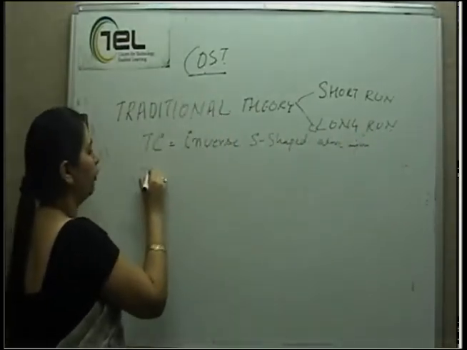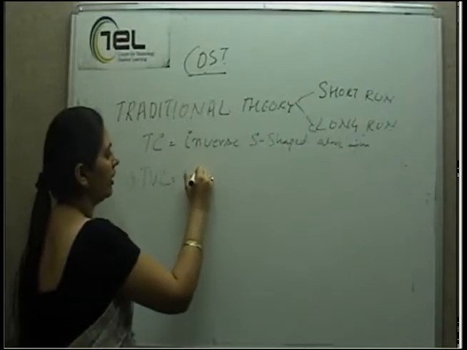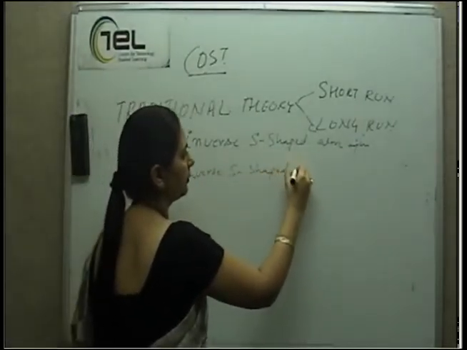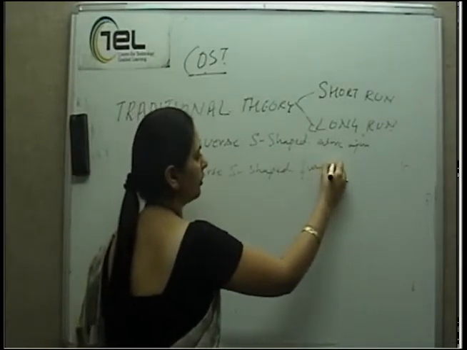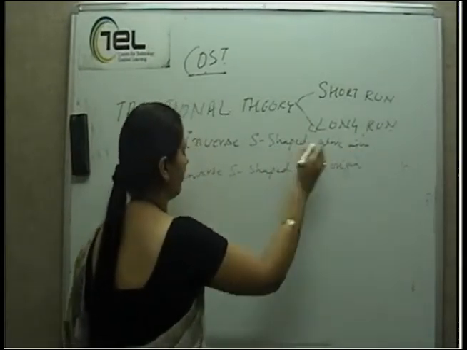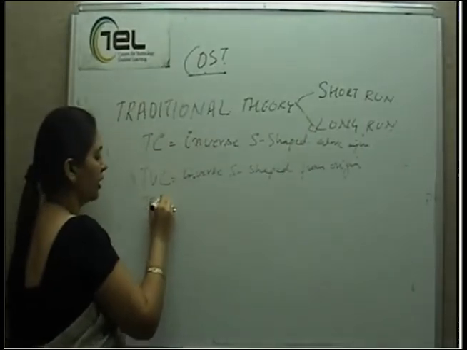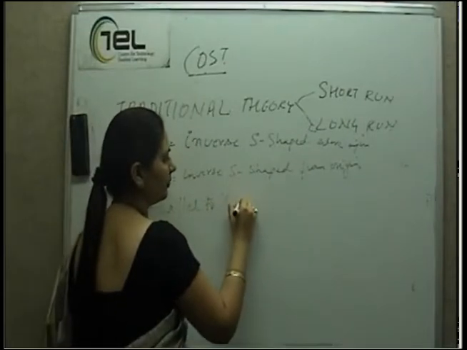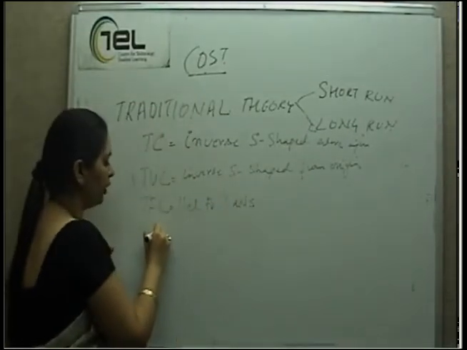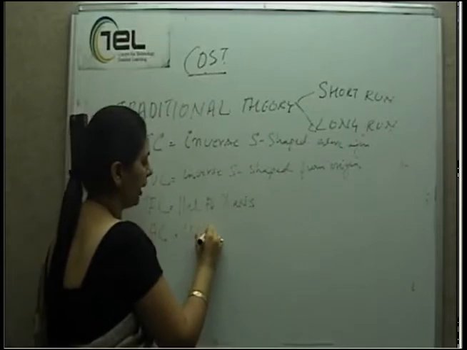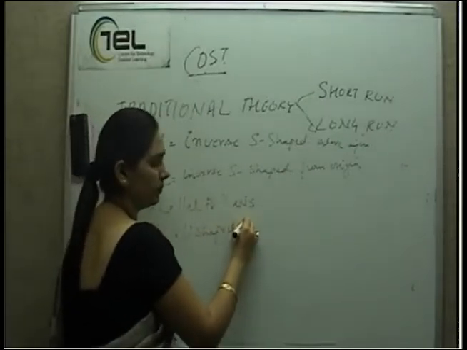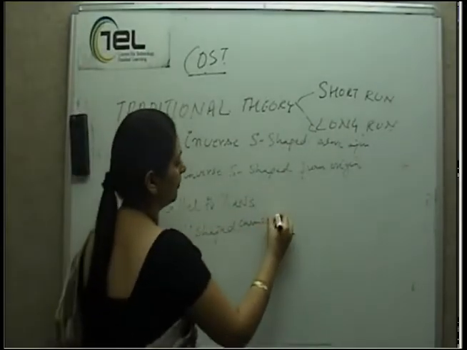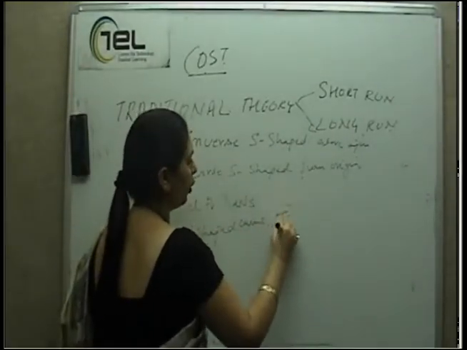My total variable cost curve was again an inverse S-shaped curve from the origin. My total fixed cost curve was parallel to the x-axis. My average cost curve was a U-shaped curve which was drawn with the help or support of the total cost curve.